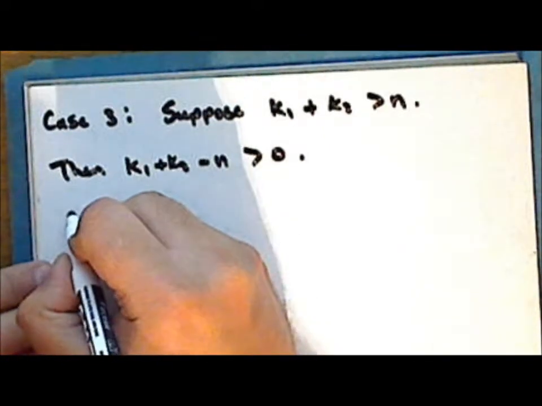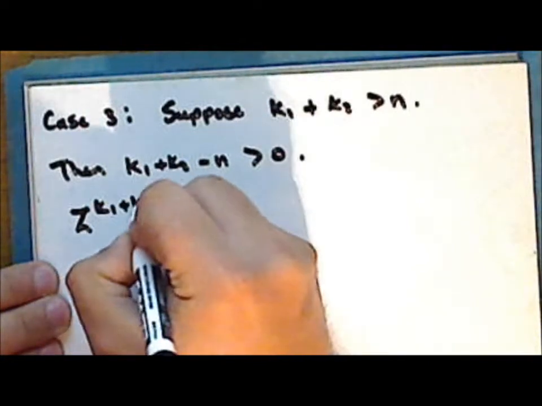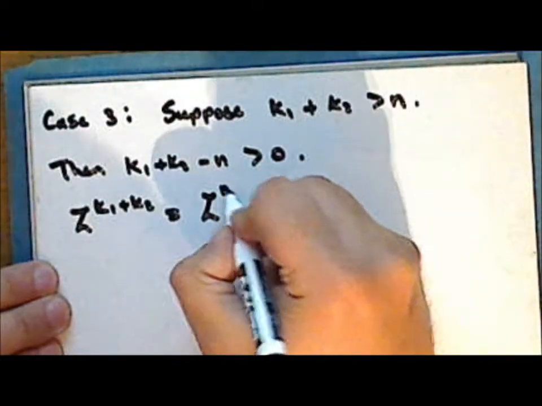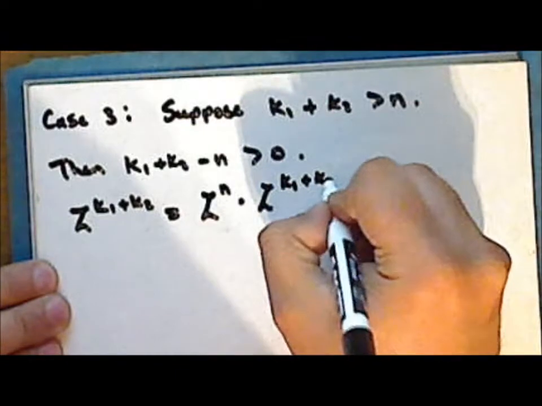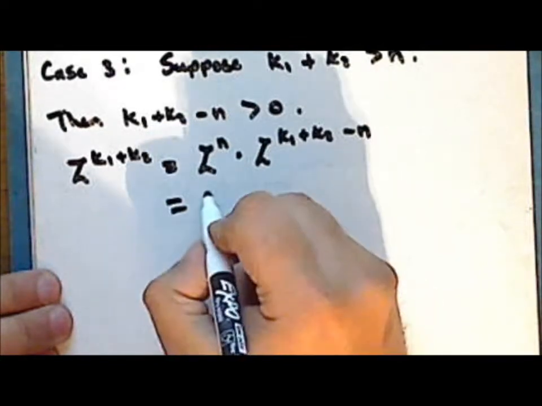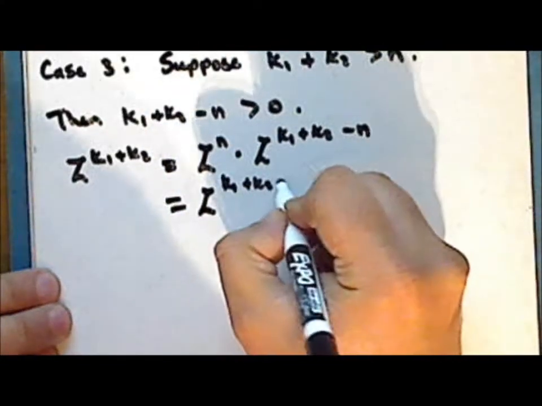The product, which is zeta to the power of k1 plus k2, can be written as zeta to the power of n times zeta to the power of k1 plus k2 minus n, which, as zeta to the power of n is 1, we simply have zeta to the power of k1 plus k2 minus n.